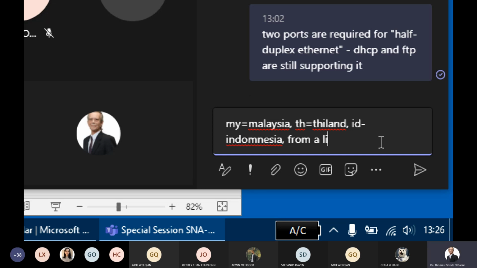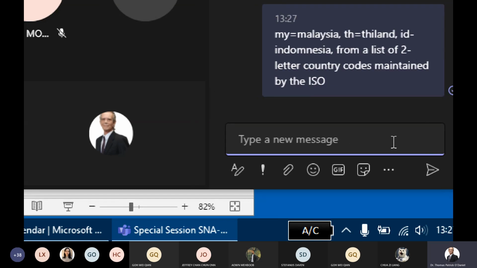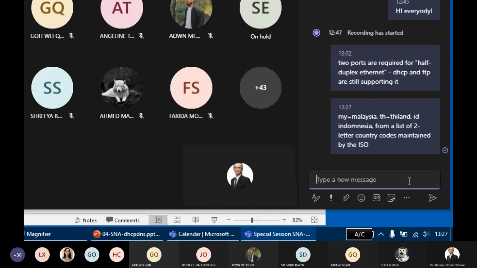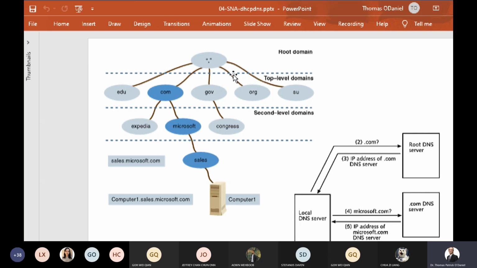From a list of 2-letter country codes, maintained by the ISO. Well, that's where we get .my, all right, at this level.